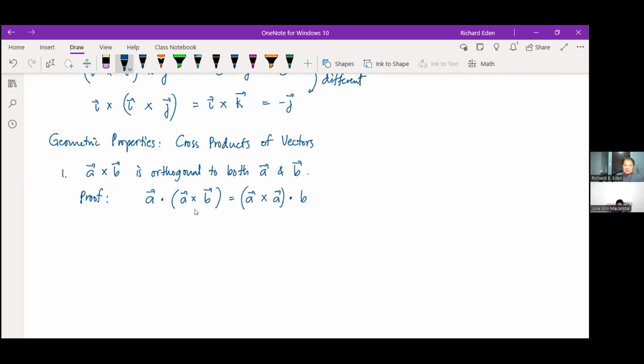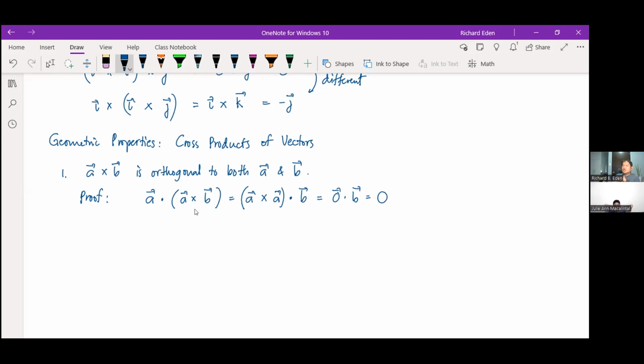Do you then see what this is going to be equal to? So it's A cross A, the zero vector, dot B. Of course, the zero vector cross anything is the zero vector, and the zero vector dot anything is a scalar 0.